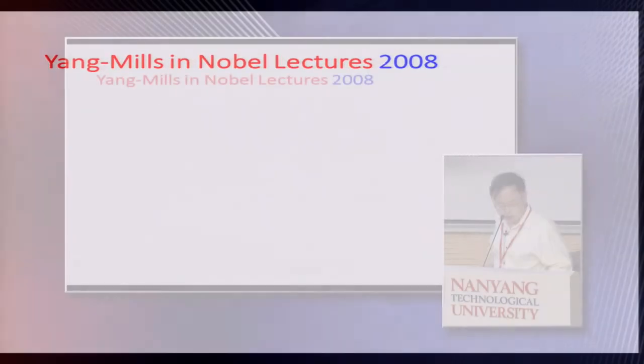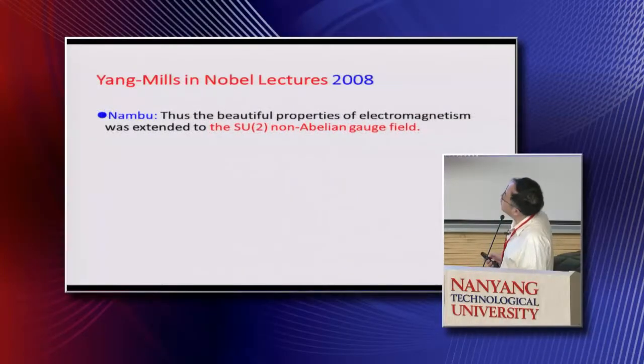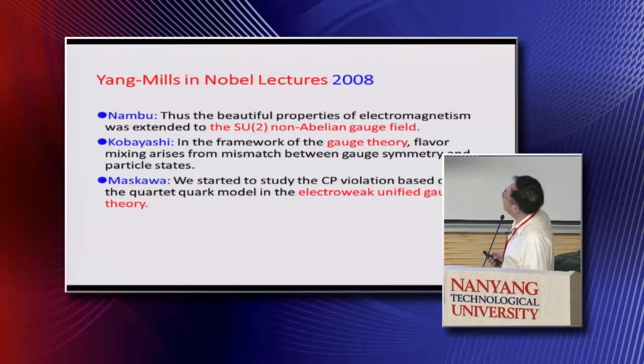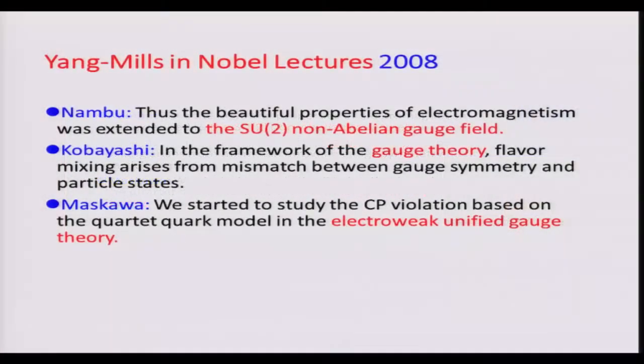And 2008, Nambu, SU(2) non-abelian gauge theory. Kobayashi: in the framework of gauge theory, flavor mixing arises from a mismatch of the mass matrices. Maskawa also recalls that they studied symmetry breaking in the actual weak interaction theory.